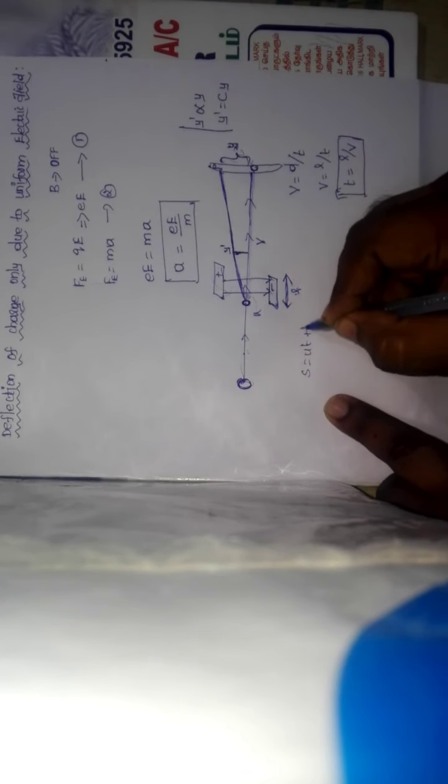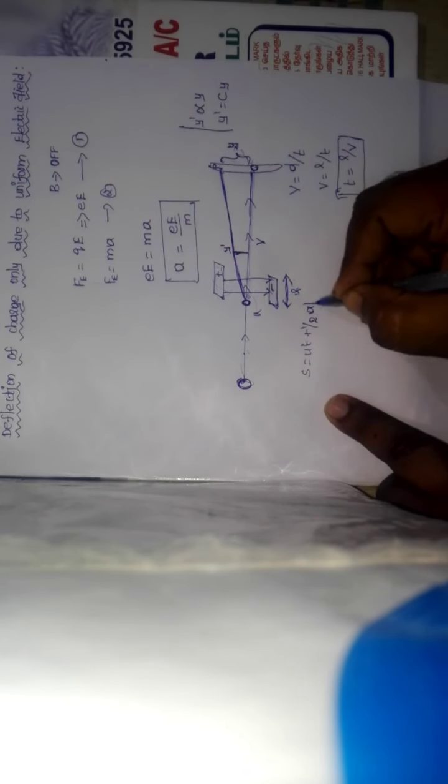To find this distance y dash, first of all you know the equation of motion. In the second equation of motion, s equals ut plus half at square.